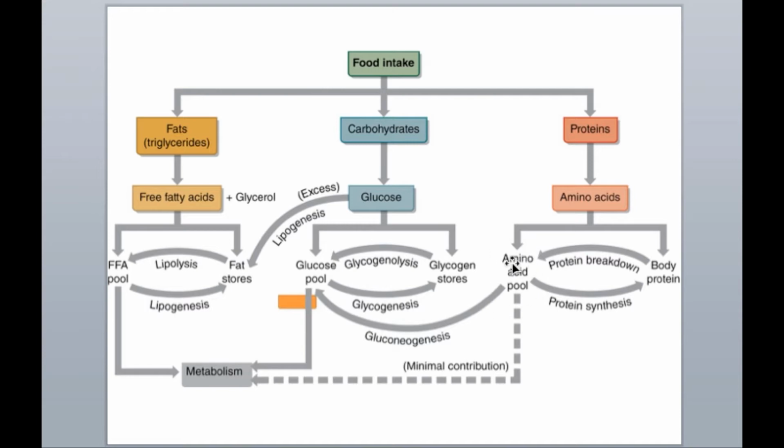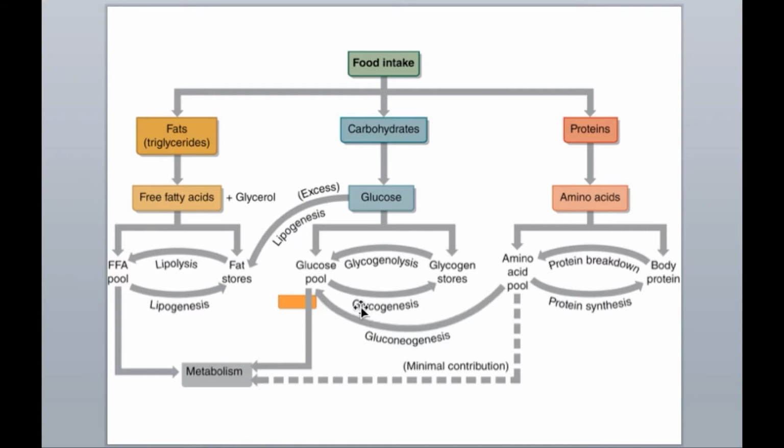From the amino acid pool, they can basically do a lot of stuff. They can go into metabolism, or they need to be broken down. They can be created into glucose through gluconeogenesis. Again, genesis, like in the beginning, so you're creating glucose, and in fact creating new glucose, neo being new.